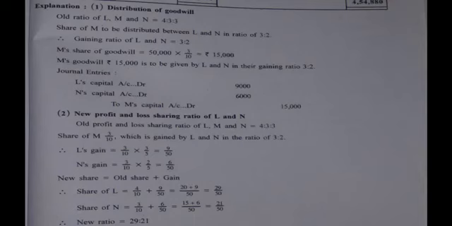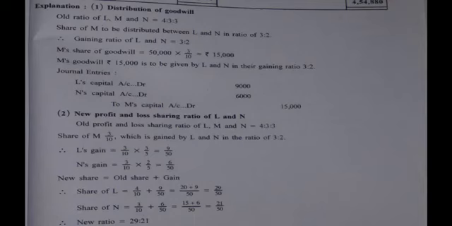Now the share of the retiring partner in goodwill. M's share of goodwill. What is the new value of goodwill? 50,000. What is the share of M? M is the second partner, and as per old ratio, his share is 3/10. 4 plus 3 is 7, 7 plus 3 is 10.